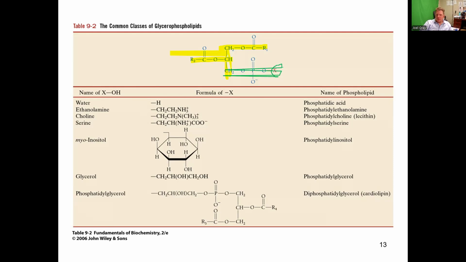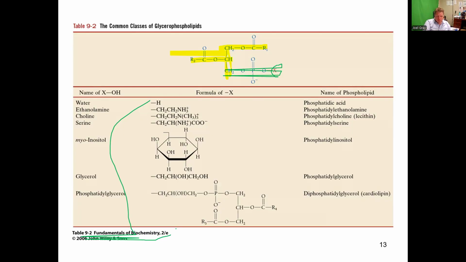That X can be replaced with any one of these things. And as it can be replaced with any one of those things, the types of interactions that these glycerophospholipids can have are going to vary tremendously.